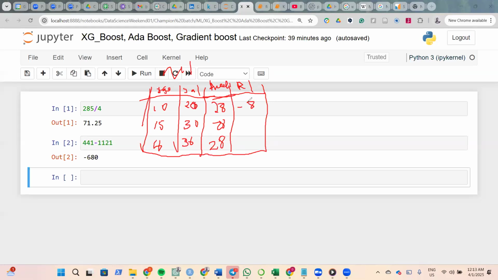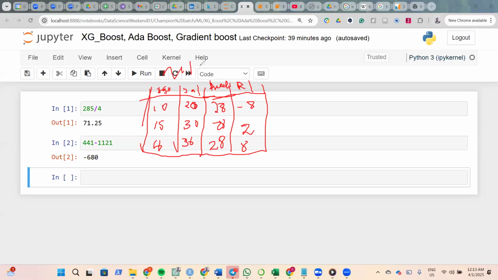This is going to give me minus 8. 30 minus 28 is going to give me 2. And then 36 minus 28 is going to give me 8. Is it 8? Can somebody punch this for me? 8. Okay. So you see, this is going to be my R1.